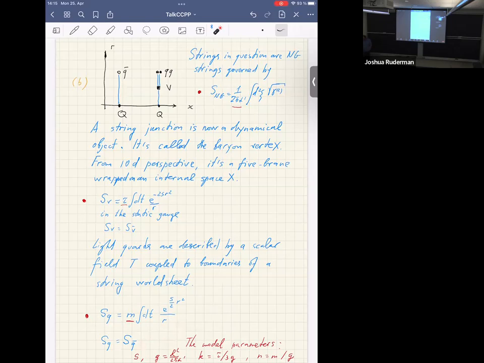G, related to the Nambu-Goto string, the ratio R squared, the AdS5 radius, over the alpha prime parameter. Then kappa, which parameterizes the vertex, and N, which parameterizes the quark masses. All these parameters are more or less known from other things, so what I tell you is just predictions.